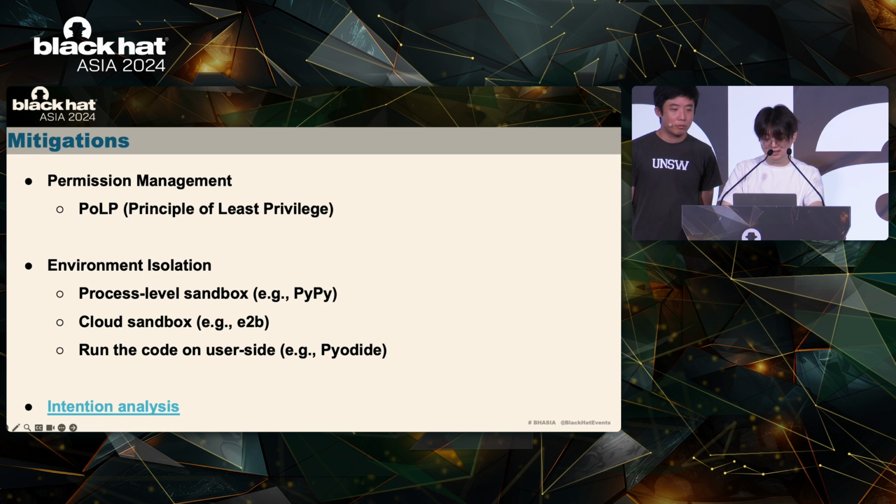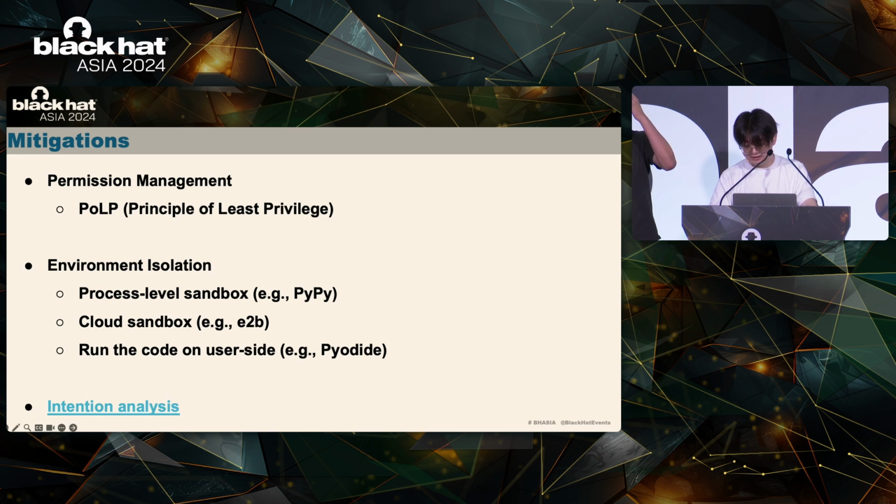Secondly, app developers need to ensure environment isolation by using a proper code sandbox or similar techniques to separate the code execution environment from the app server's running environment as much as possible.